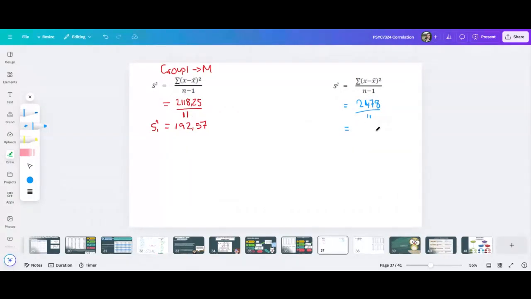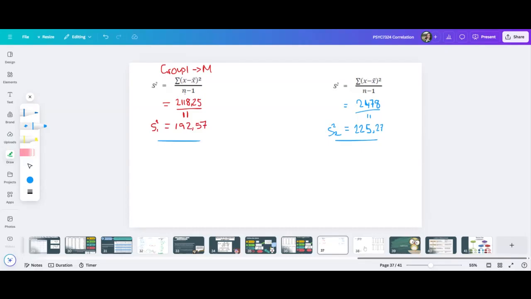N minus 1. Okay, 225.27. There's always arguments about the decimals. It's funny. There we go. Correct. Okay, and now we have the variance, so S squared for group 2. Okay, not too bad, all in all.